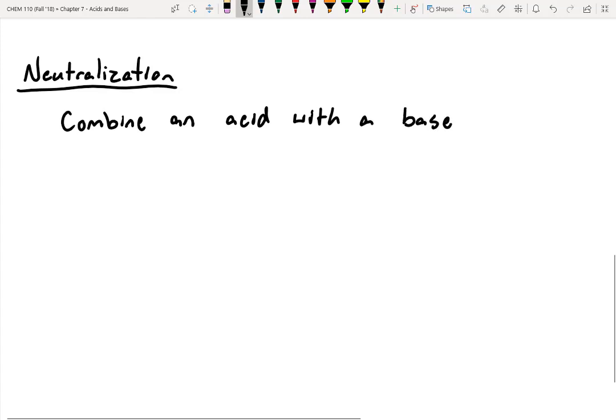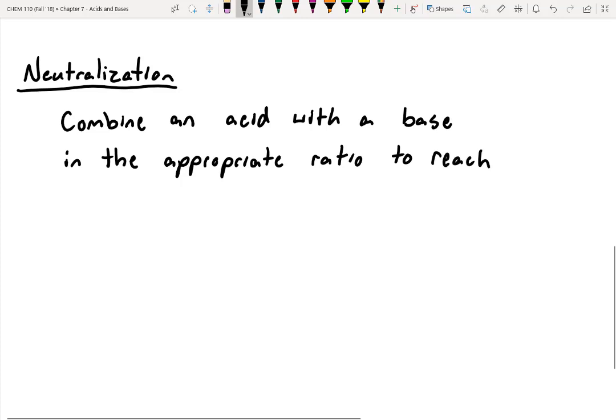And what pH do you typically achieve when you neutralize something? Does anybody remember from lab? 7. So you combine an acid with a base in the appropriate ratio to reach a pH of 7.